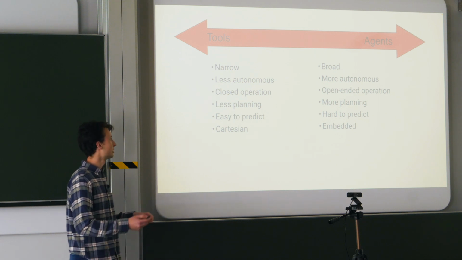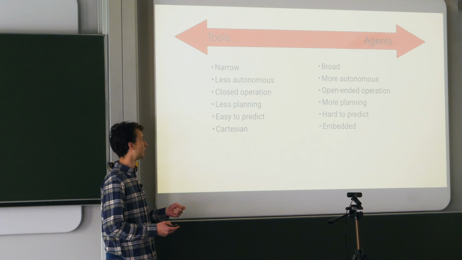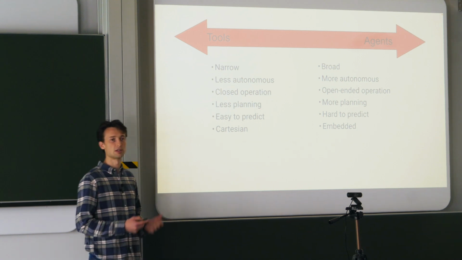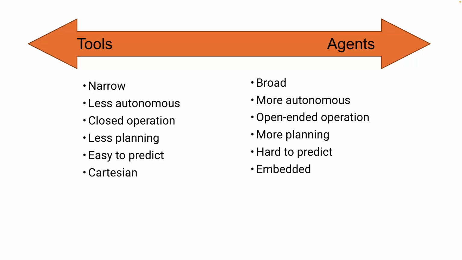For me, a tool feels like a very narrow system that is not very autonomous, whereas an agent has a much broader scope and can perform autonomous actions, autonomous choices. A tool will have a very closed operation and not perform very much planning. I'm thinking of an agent as having, similarly to broad, open-ended operation. It might perform some sophisticated planning process.